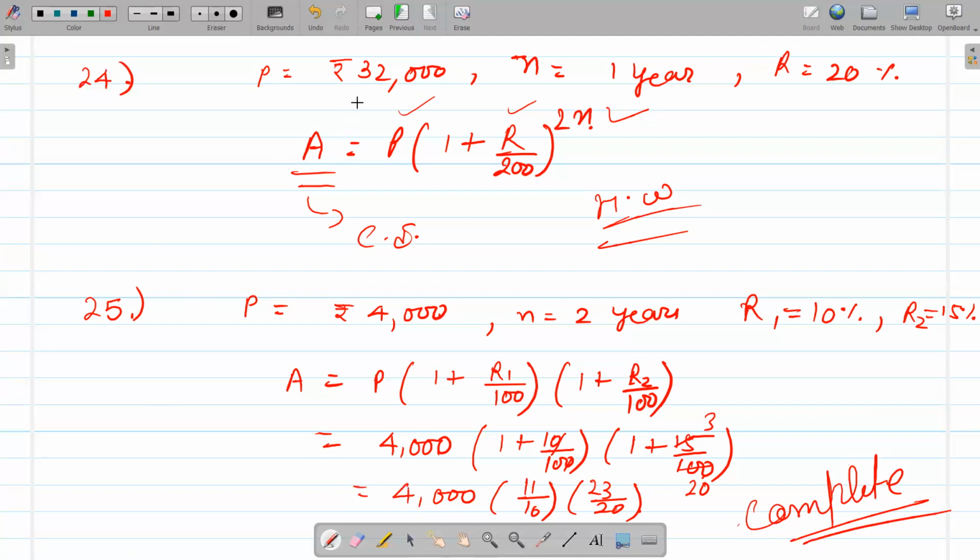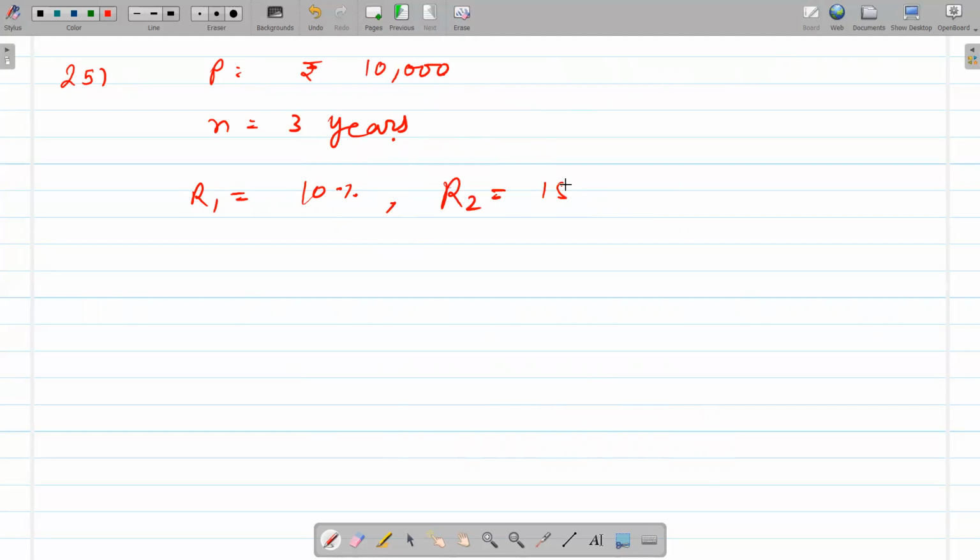26, the last one. Again the successive rates are given. Principal is rupees 10,000, time that is 3 years, and R1 is 10%, R2 is 15%, and R3 is 20%.